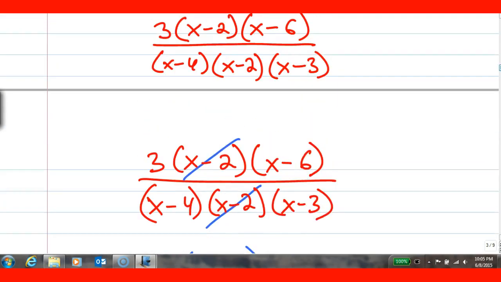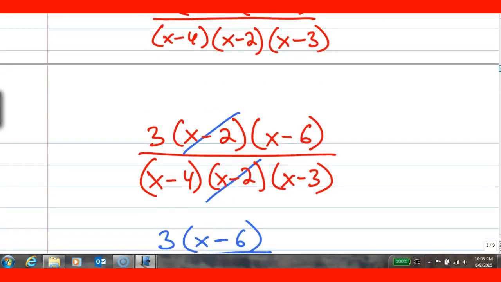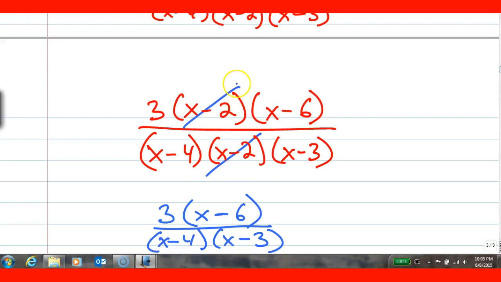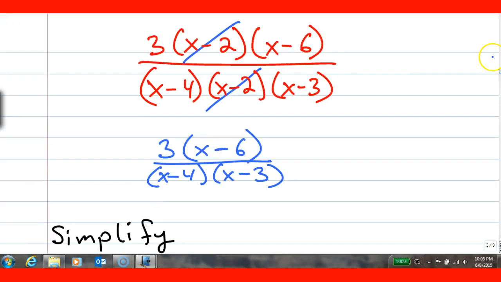Okay, so now that we have these plugged in, we can look at starting to cancel out. So we have an x minus 2 and an x minus 2 in the top and the bottom, so I can cancel those out. So now I'm left with a 3 times an x minus 6 over an x minus 4 times an x minus 3.